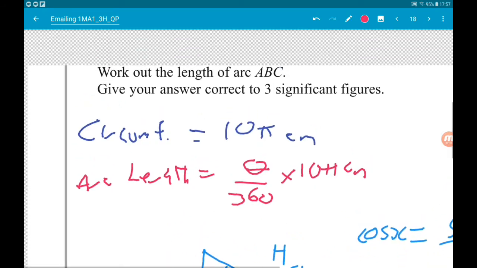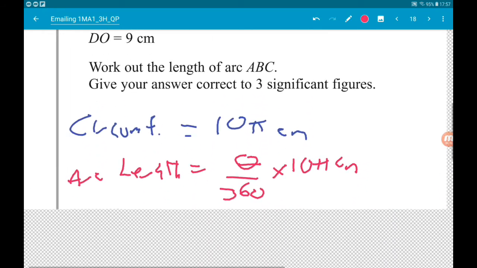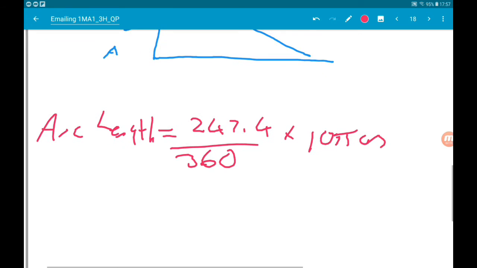Now they wanted the answer to 3 sig figs, so you should get 21.6.